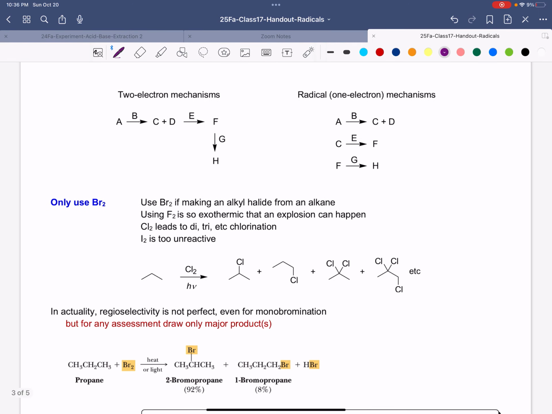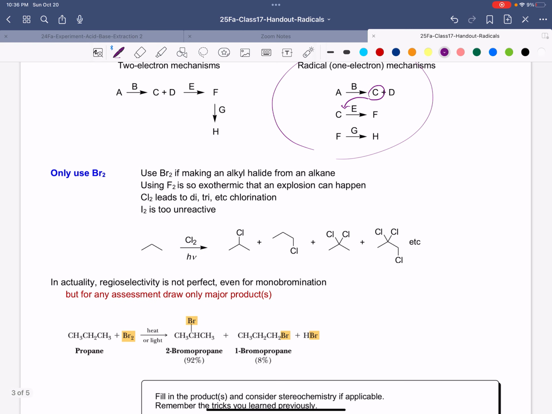If you notice, the mechanism for a radical is like reading a text line by line. So the product that you made in the previous step is now the starter material of the next step. We are only going to use Br2 because for the other dihalogens, there are issues. Like F2 is too exothermic, Cl2 leads to a bunch of different products, so it's not very selective, and I2 is too unreactive.